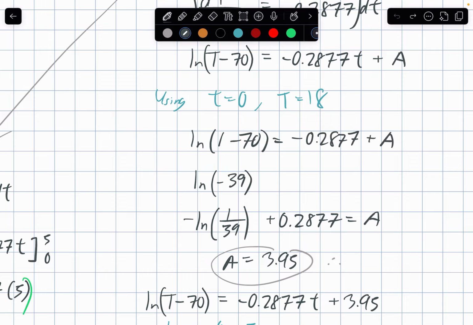We don't have to try using a different set. I think I see what's wrong. So coming from ln negative 39, if we make this as 1 over 39, the negative sign is eradicated.